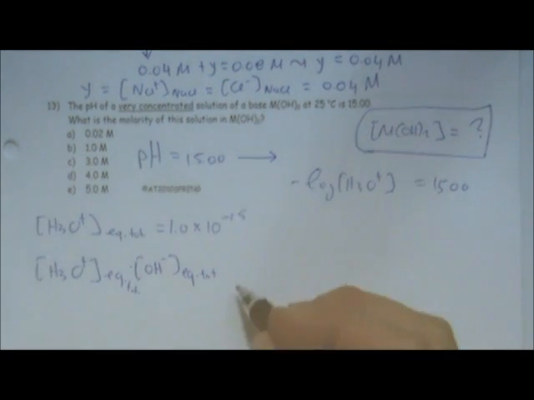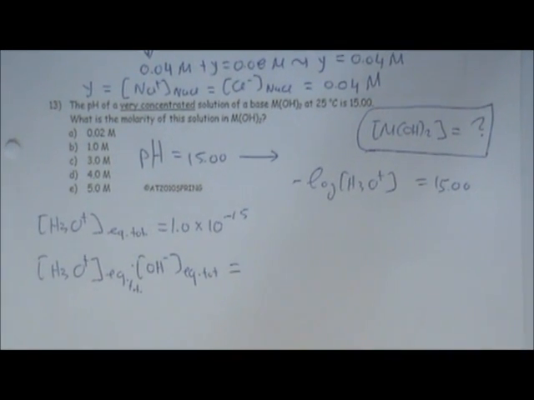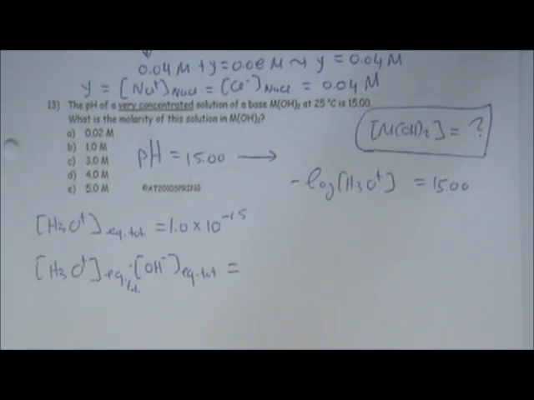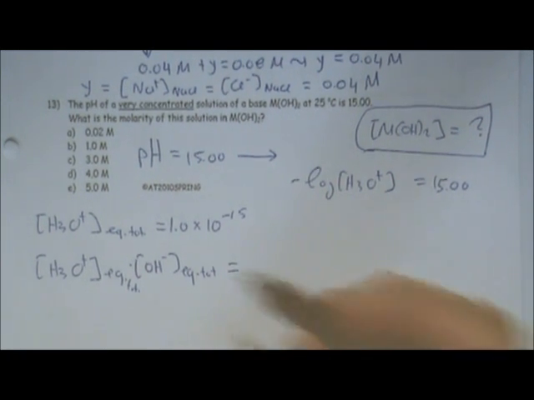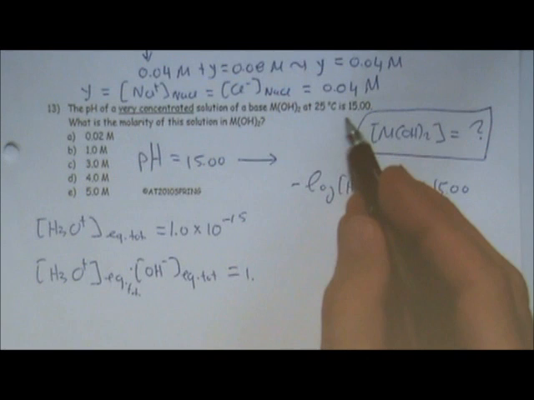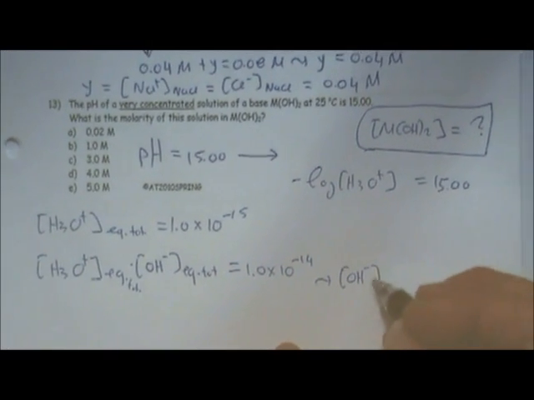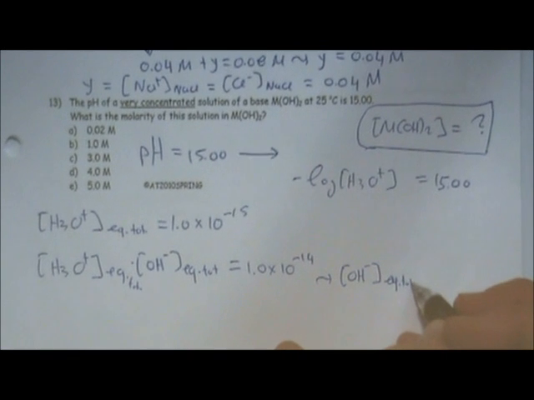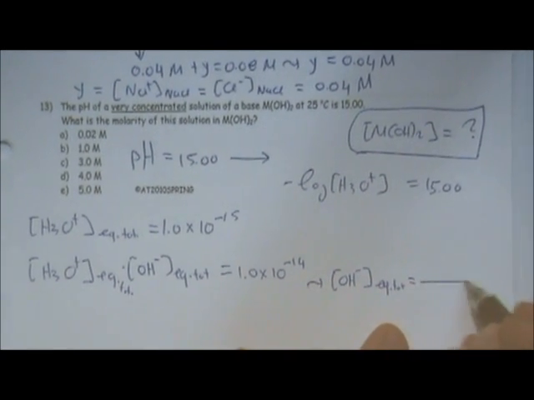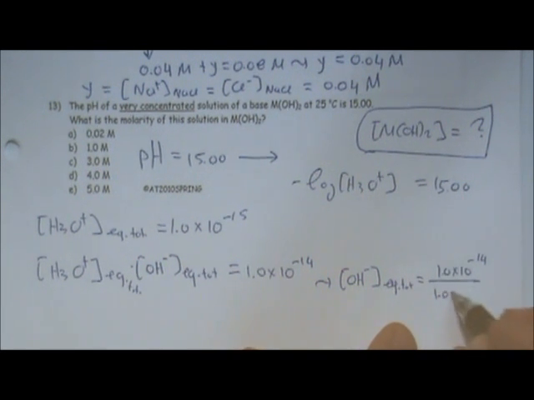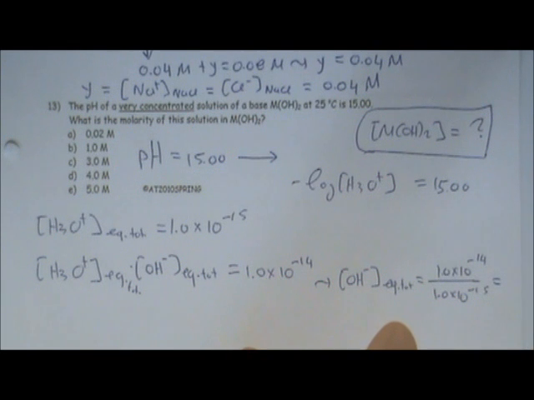This is not in the textbook, so it's really confusing until you realize these things. At 25 degrees Celsius, this is 1 times 10 to minus 14. So the concentration of OH minus at equilibrium total will be 1.0 times 10 to minus 14 divided by 1.0 times 10 to minus 15. So it turns out to be 10 M.